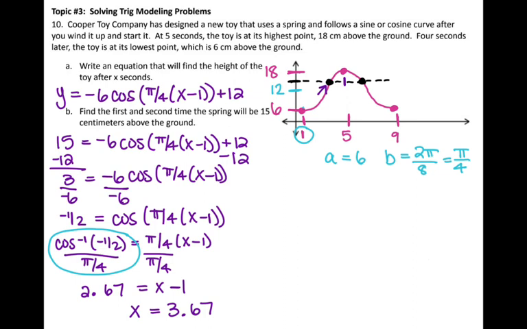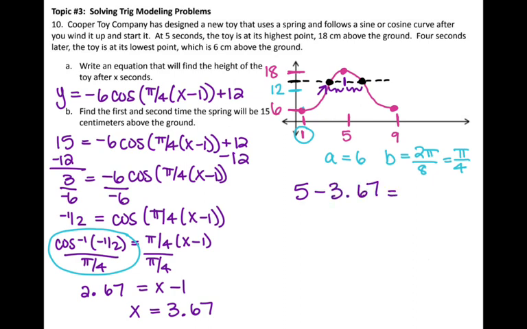We also need to find our second time. Now, in order to do that, we do need to recognize that this curve is symmetrical. So what I can do is I can figure out this distance. And once I know this distance, I can figure out this distance, which is going to help me figure out my second time. So let's go ahead and figure out that distance between 5 and the 3.67.